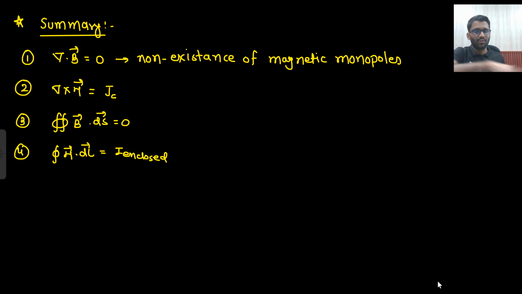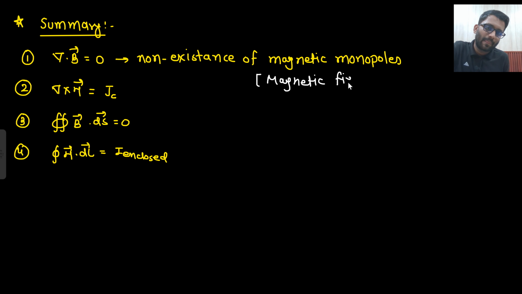Del dot B is equal to 0. That means it shows the non-existence of monopoles, or what you can say, magnetic fields are solenoidal in nature.